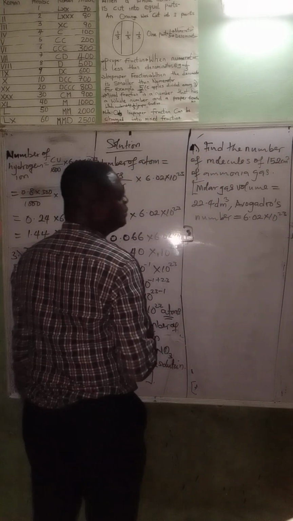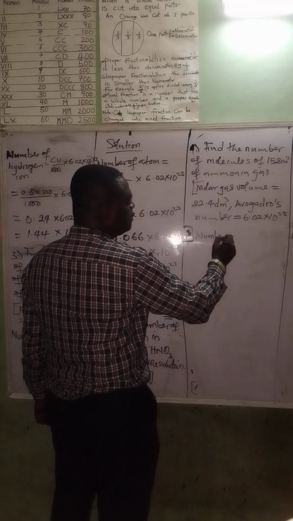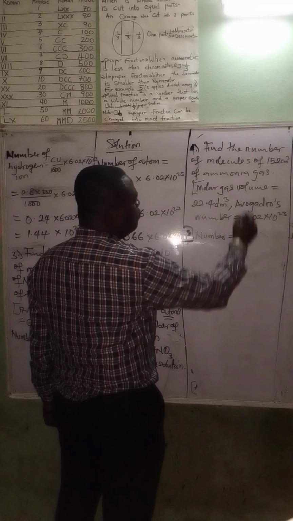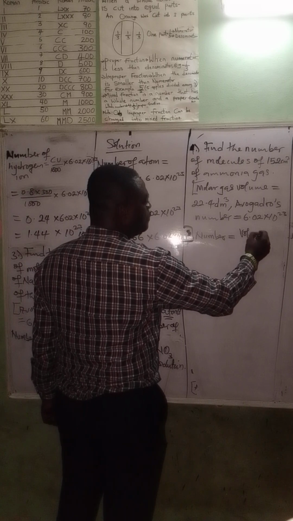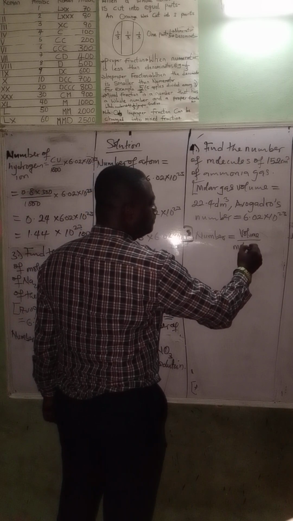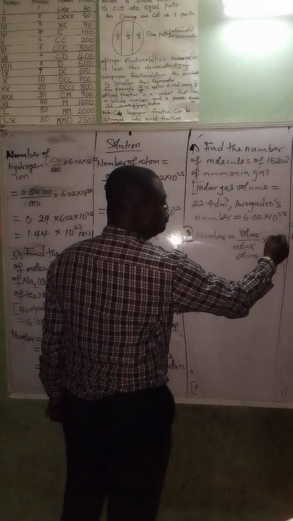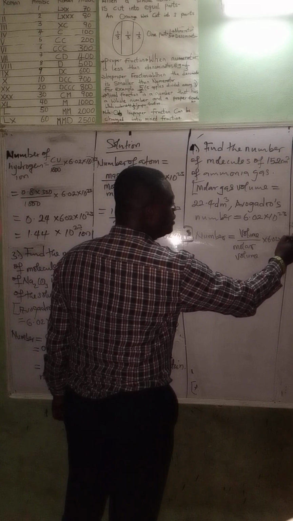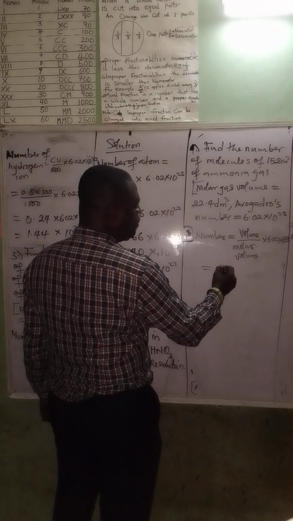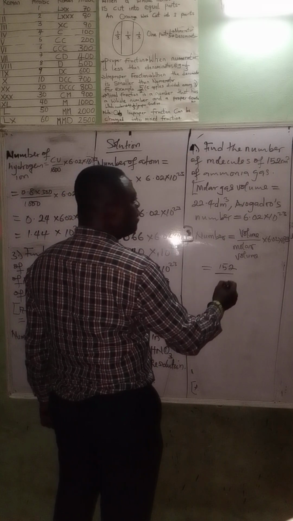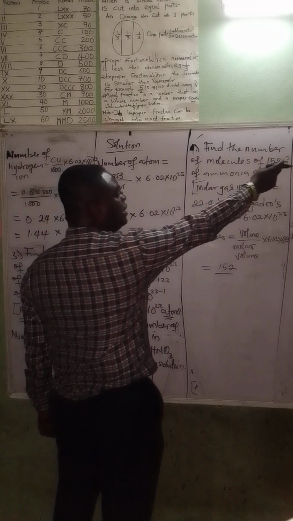So what do we do here? Our formula remains number equals to, what's the number of mole? When you have volume, that's volume over molar volume times 6.02 times 10 to the power 23. So what's our volume according to this question? 152 over, the molar volume is in dm³, but I want it to be in cm³.